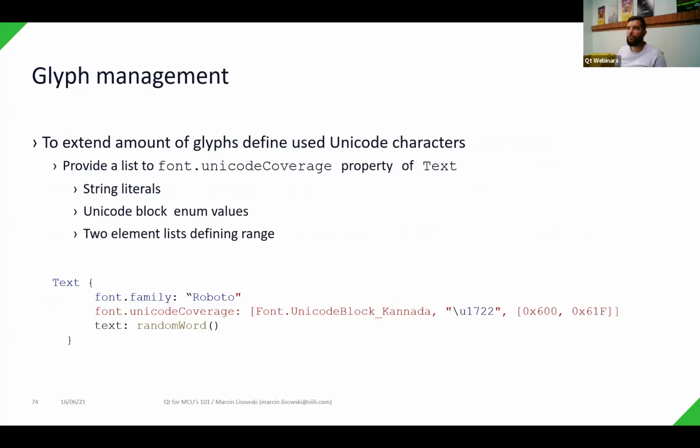It is probably worth mentioning that if you support different languages, you will probably have to extend Unicode coverage, as different languages and regions have different glyphs to render. You can do that by providing additional blocks or exact values of Unicode characters to the font Unicode coverage property of text.